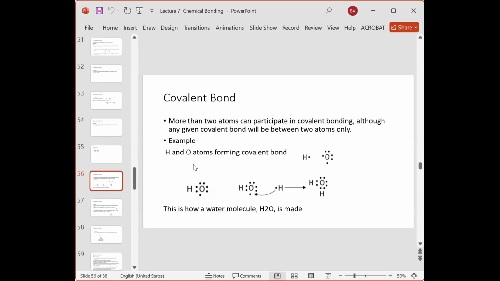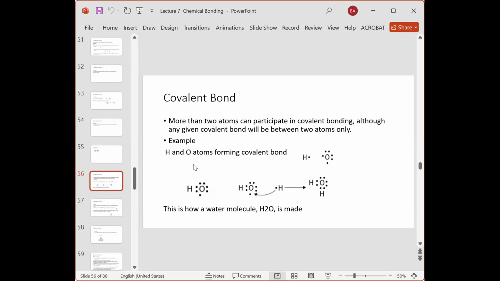Now let's see. More than 2 atoms can also participate in covalent bonding, although any given covalent bond would be between 2 atoms only. Hydrogen and oxygen atoms forming covalent bonds. Hydrogen, we all know it has only 1 electron. Oxygen, how many? It has 6 electrons in its atomic shell.